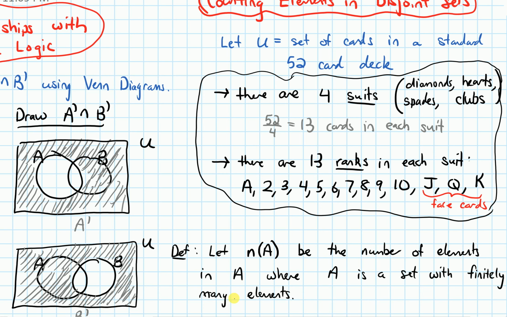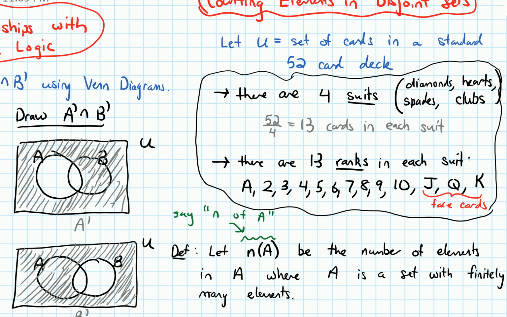So in our class, all the sets that we're going to be focusing on and trying to count the number of elements in are going to be sets that have a finite number of elements. And one more time, with this notation, n parentheses A, the way I say this is we say n of A. So this is a function technically, and the way we say function notation in words is we usually say stuff like f of x. So in this way, similarly, we would say n of A.